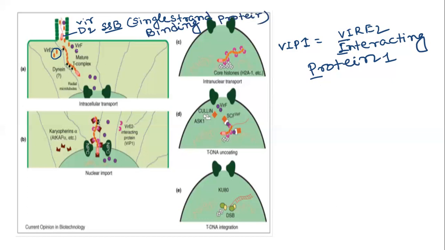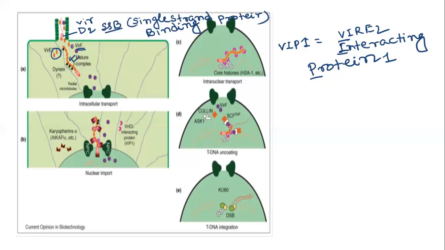And here you can see VirF also. Now VirF acts as an F-box protein. It's an E3 ubiquitin ligase. Now what's the function of VirF? VirF removes VirD2 and VirE2, because the DNA has already entered into the plant cytoplasm and their function is done. Because VirD2 provides the nuclear localization signal and it has already entered the nucleus, they have to destroy it.